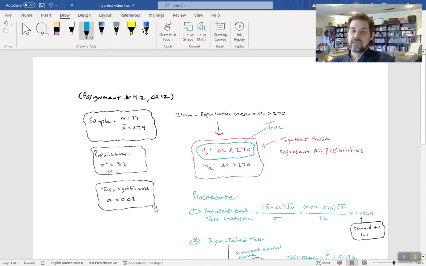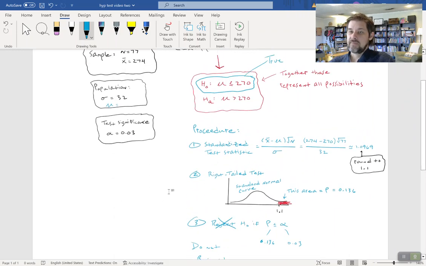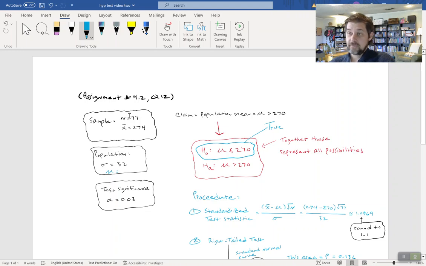Okay, so that's how we go through the procedure of hypothesis testing. It'll take a careful reading of the question to see what you're given, either the null or the alternate hypothesis. Null always has an equals in it somehow, but together they represent all possibilities.